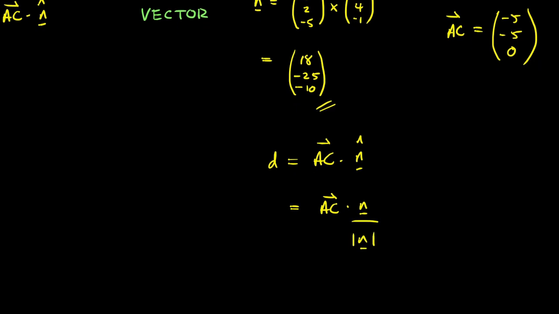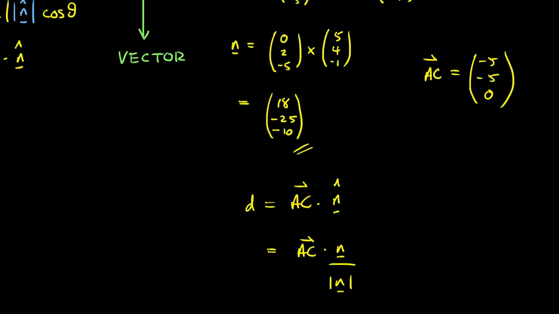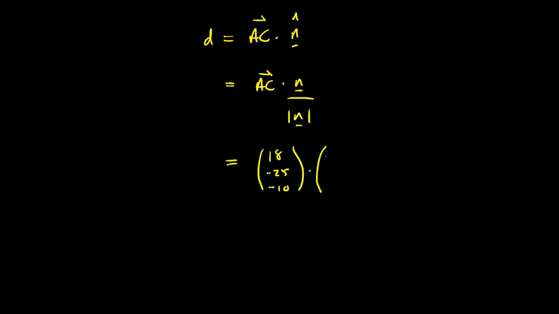Okay, so I'm going to do AC, which was (-5, -5, 0), and I'm going to scalar product it with the normal, (-18, -25, -10).